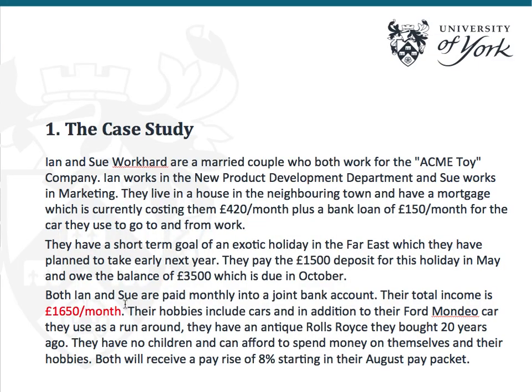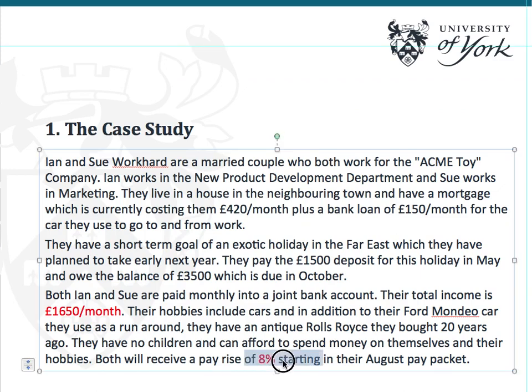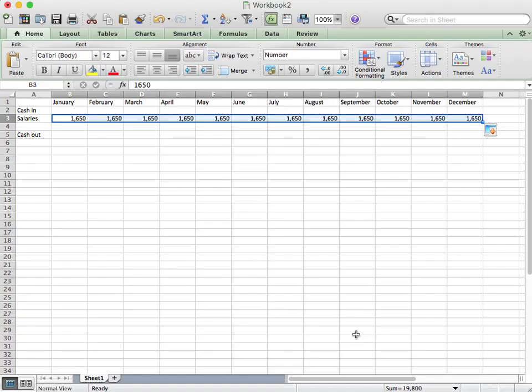Okay. Now, the other piece of information we've got about their income is that they have a pay rise. And that pay rise is 8% per year. It's 8% per month starting in August. So we need to put that into our cash in model. So back to the spreadsheet.